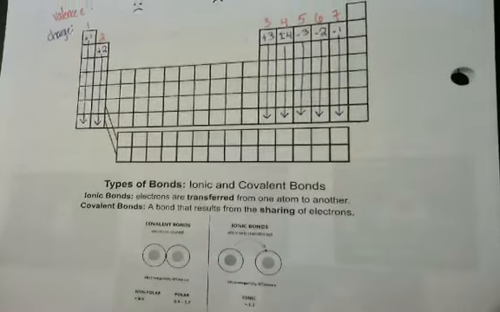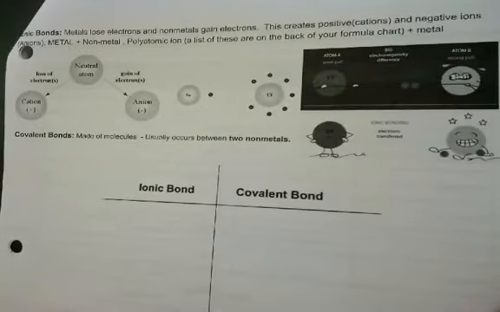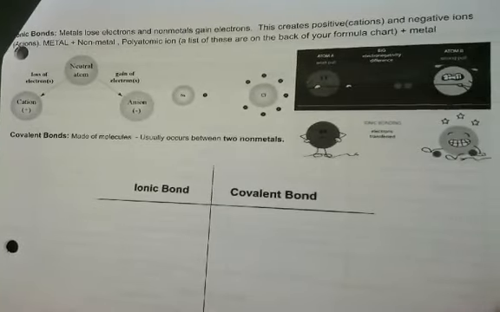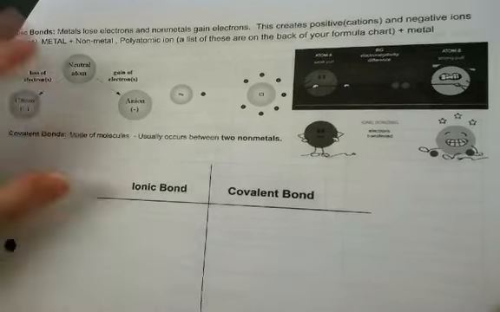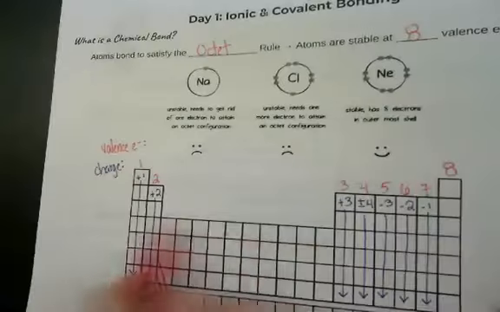So, how do you know if you have an ionic or a covalent? Ionic bonds happen when you have a metal and a non-metal. Okay? Because most of our metals are on the left side of our periodic table, right? Over here.